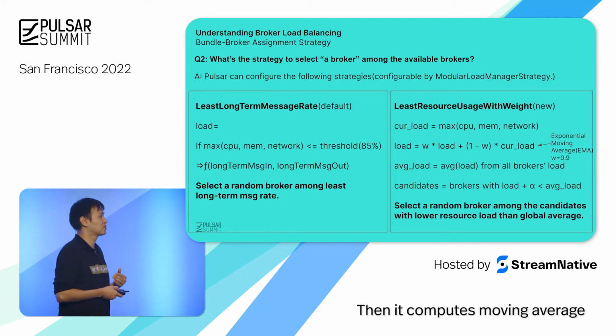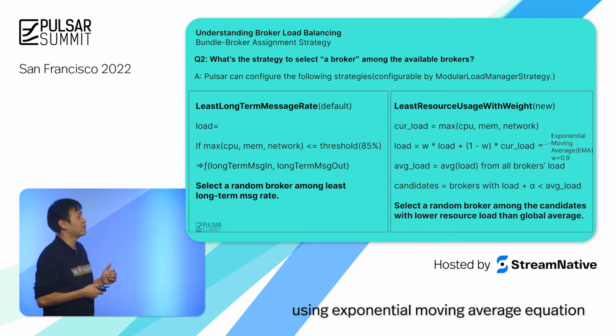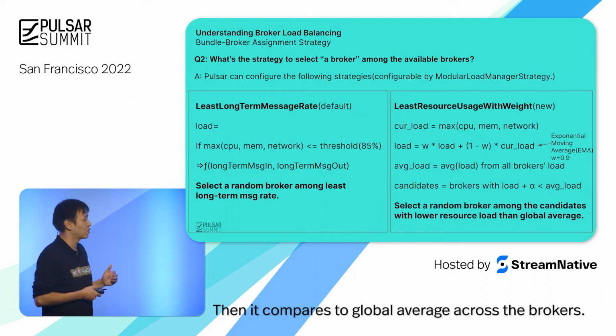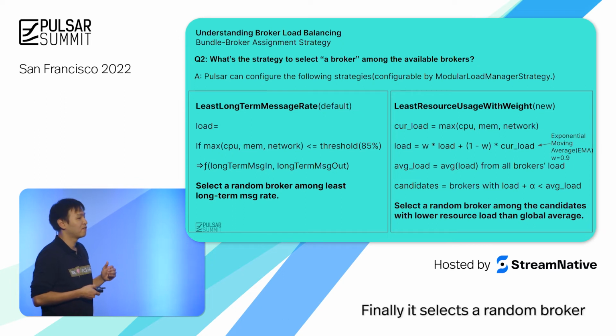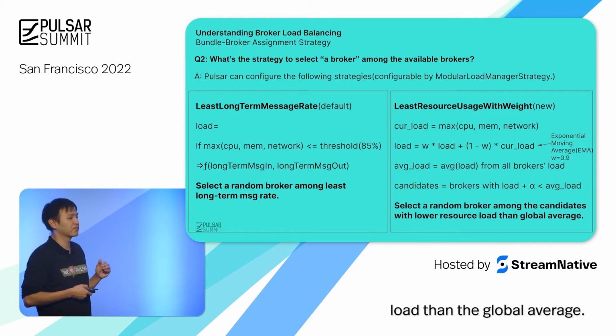Then it computes a moving average using the exponential moving average equation. Then it computes the global average across the brokers. Finally, it selects a random broker among those candidates with a lower resource load than the global average.